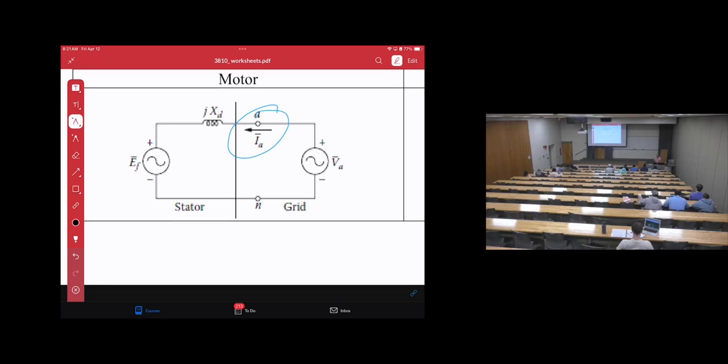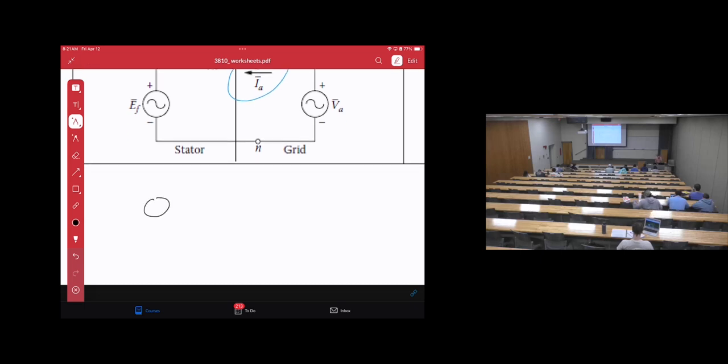So since we have the current going counterclockwise, we will do some modifications so I can let the current going clockwise. How? By swapping EF and VA. Swap this. So another alternative circuit, here is VA, here is jXd, then here is EF, then the current can travel clockwise.